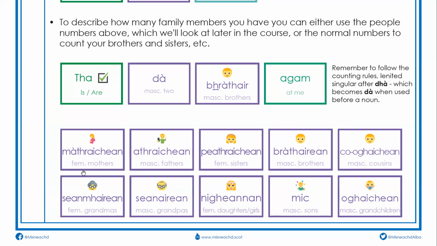As soon as we get to three or more, it is trí maithichin, trí aithichin, trí pedichin, trí braherin, trí coichin, trí sheneverin, trí shenerin, trí nianin, trí mich, trí oichin.